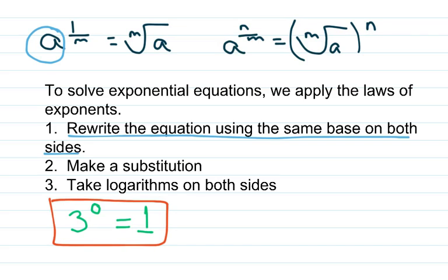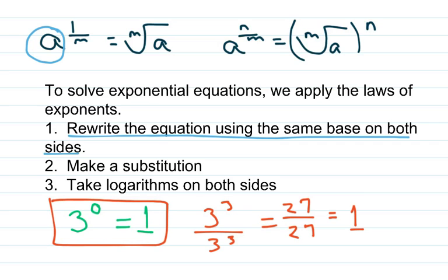If I have 3 cubed over 3 cubed, so my bases are the same, if you wanted to, we could call this 27 over 27. We know that this equals what? 1.